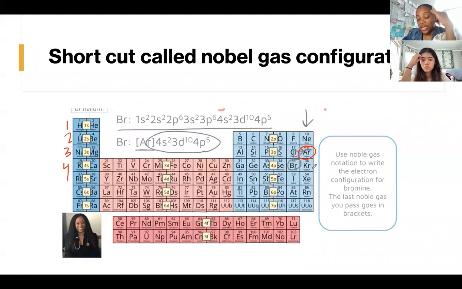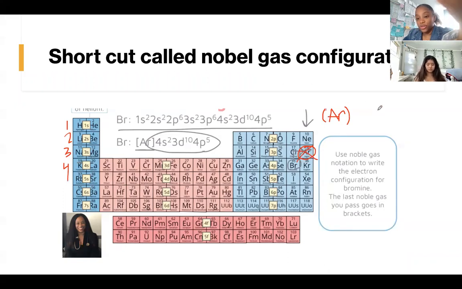It's kind of like treasure hunting: you put argon as the last spot, so you gave yourself a clue. Then from there, you can derive it as if you were going through the configuration again.